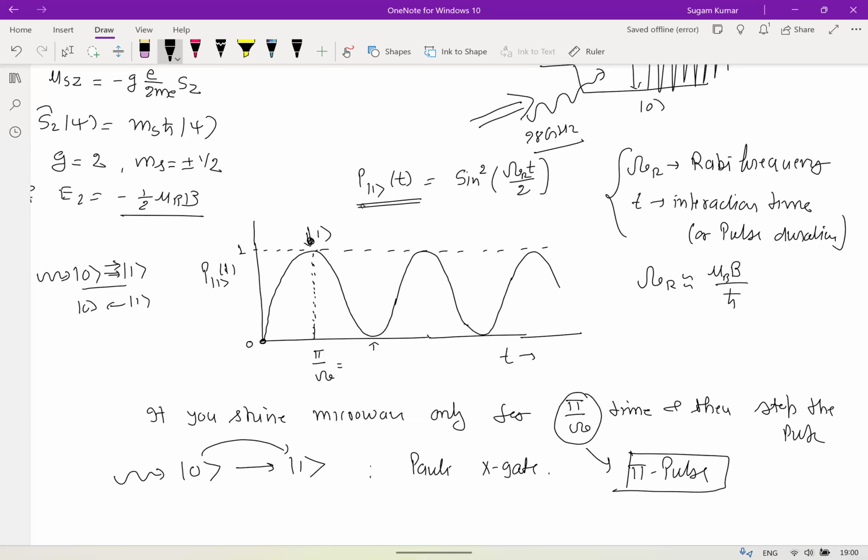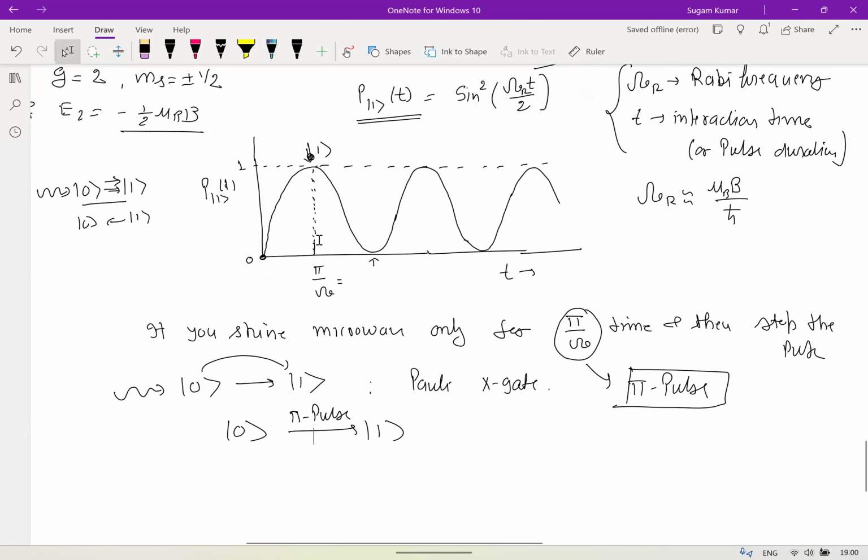So we say 0 will go to 1 when you use a pi pulse. Is this fine? This visualization, how to create a Pauli X gate in the laboratory? Yes. Perfect.